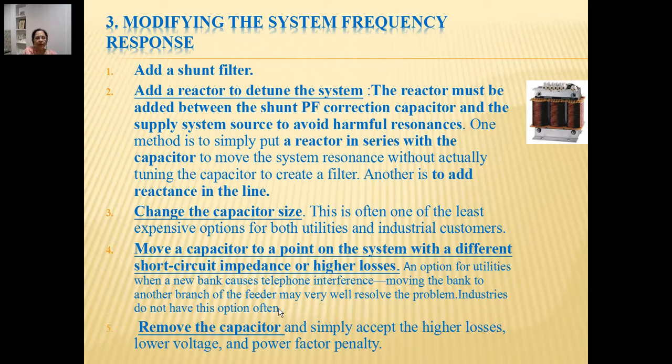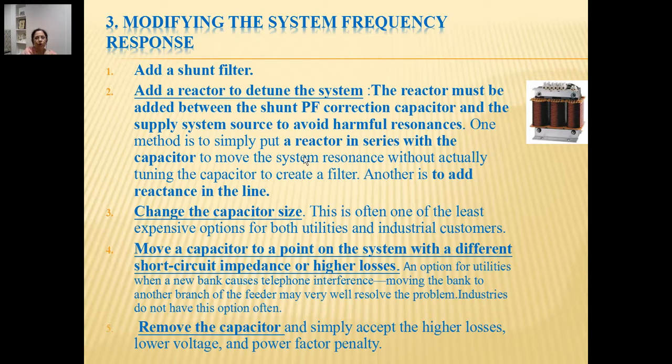The third way of controlling harmonics is modifying the system frequency response. Now we are aware that the system has impedances, and for power flow we can have the reactance of the system controlled so that 1 pu voltage can be maintained throughout the line.